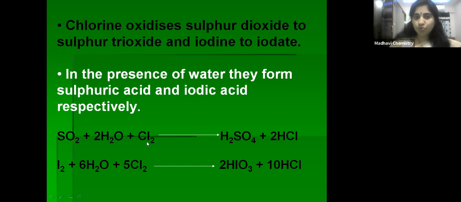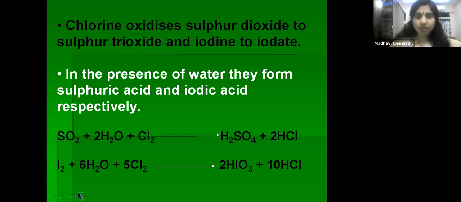SO2 plus 2H2O plus Cl2 gives H2SO4 plus 2HCl, and I2 plus 6H2O plus 5Cl2 gives 2HIO3 plus 10HCl. So in presence of water, chlorine converts sulfur dioxide to sulfuric acid and iodine to iodic acid. HIO3 is iodic acid and H2SO4 is sulfuric acid.